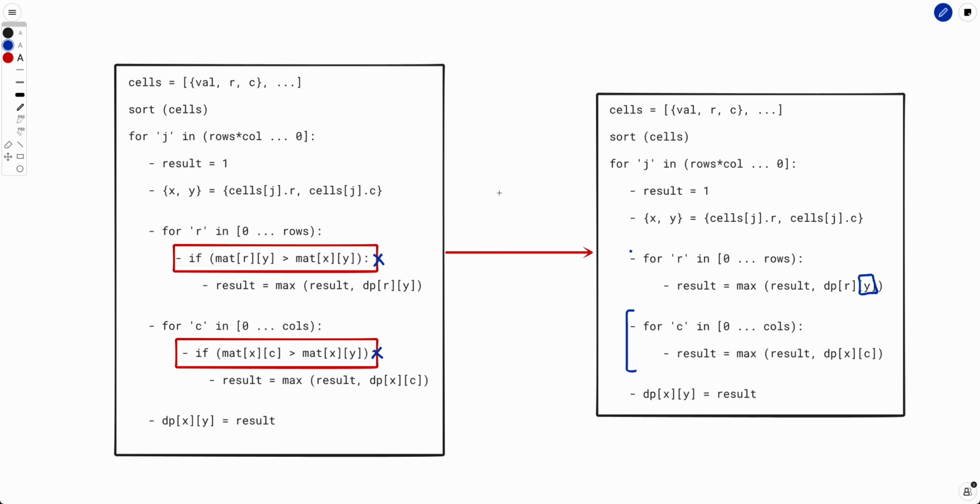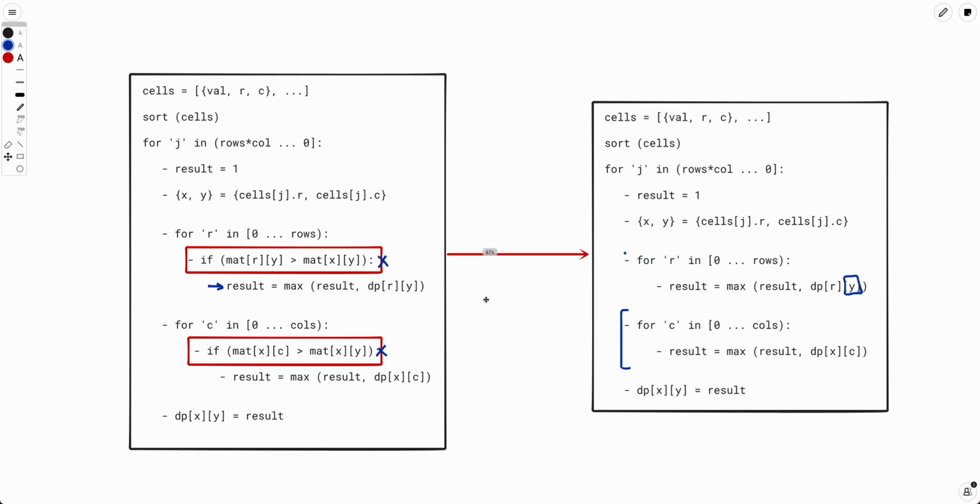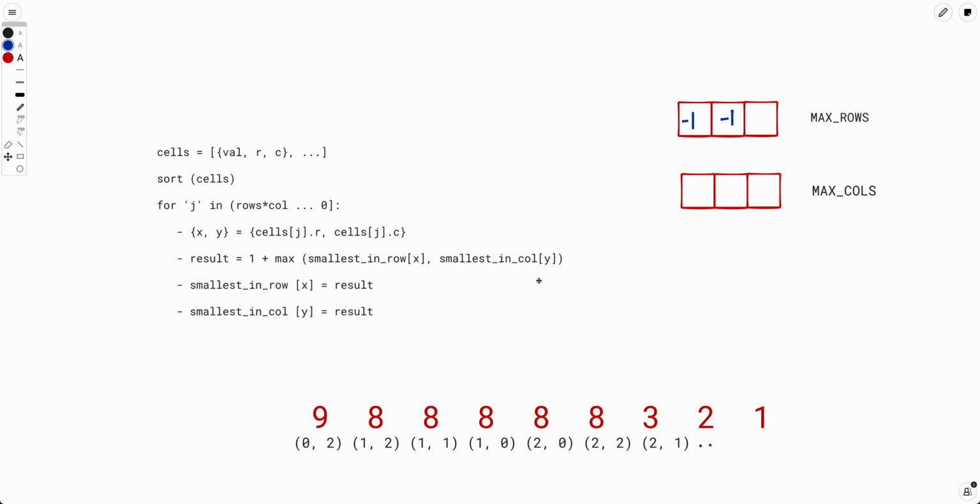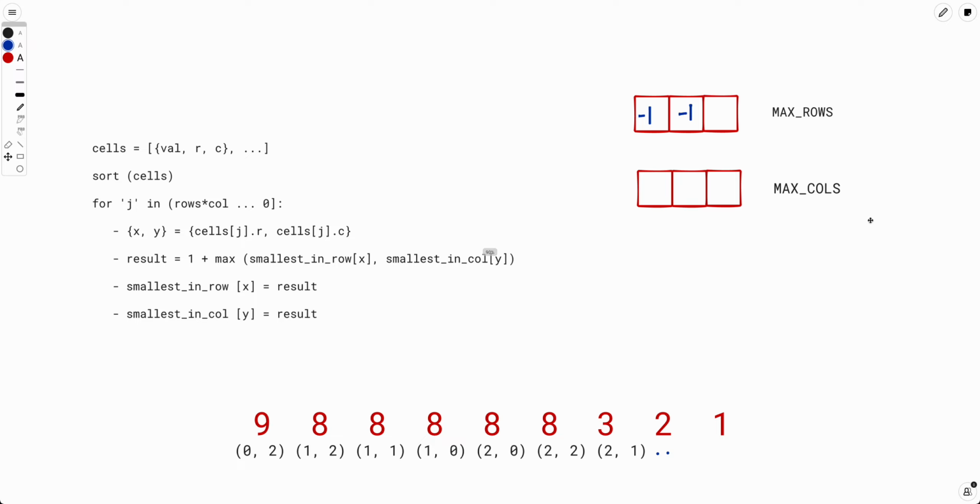So this max condition would not be polluted with that particular cell value, right? So let's initialize everything with minus 1 or 0. You can pick any one, but currently let's pick minus 1. So these are the values of max rows and max columns, which are nothing but smallest in row and smallest in column, right?